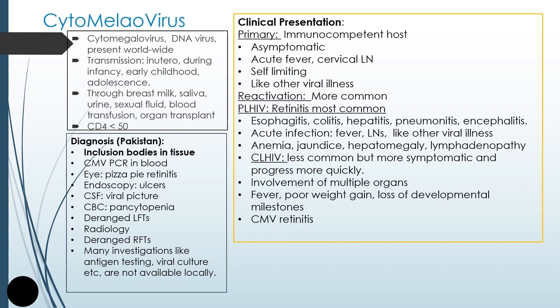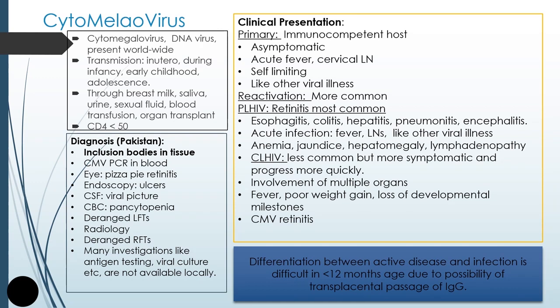On radiological grounds, in case of pneumonitis, the patient can present with bilateral infiltrates, which can mimic PJP pneumonia, and many specific investigations which are diagnostic for cytomegalovirus are not available in Pakistan. So, the diagnosis is basically made on clinical grounds and presence of CMV PCR in blood and eye examination.